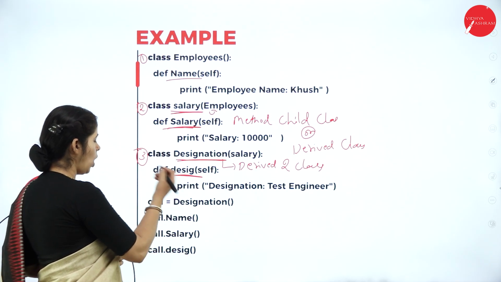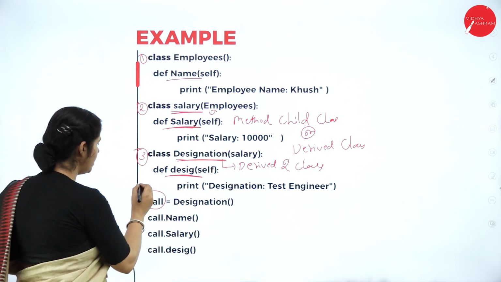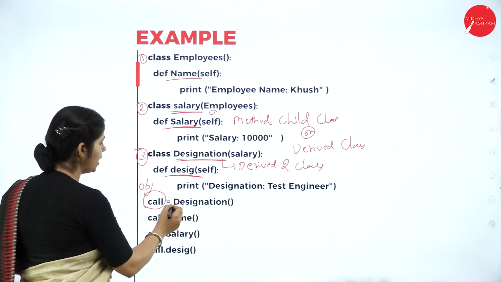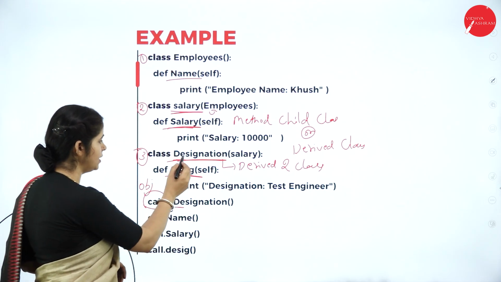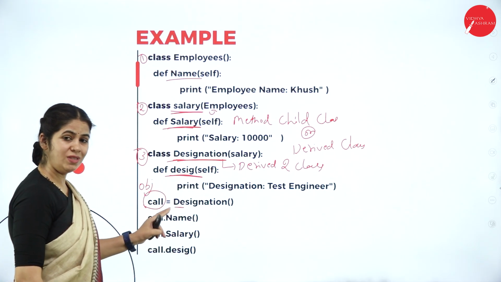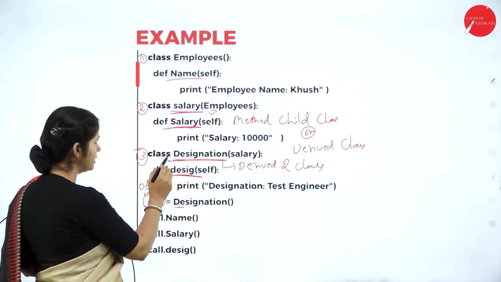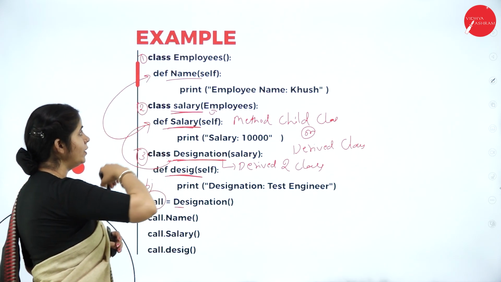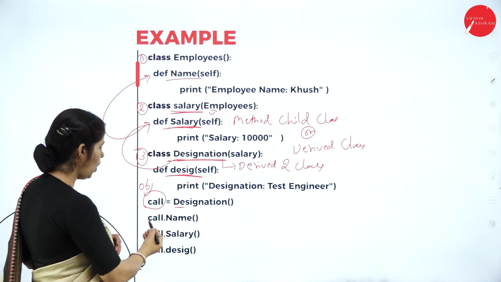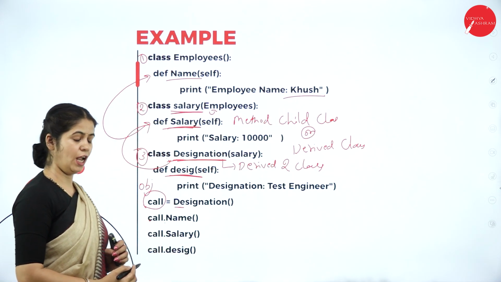When we create the object, call is an object of which class? Of the last derived class, that is Designation. So using the object of this last derived class, I can access the method salary and also the method name. So call.name, what will it give? It will give Kushal, right?